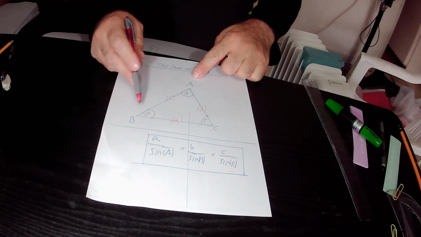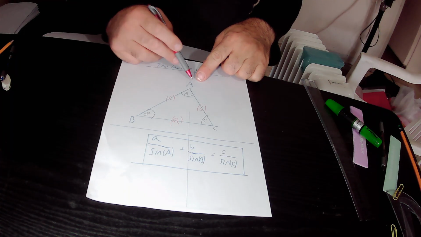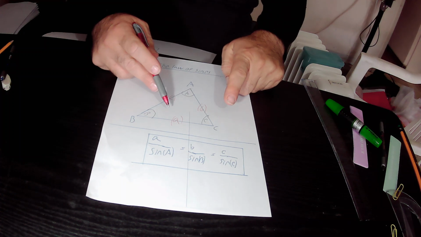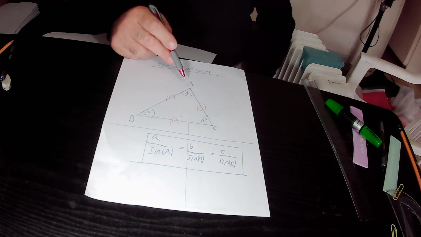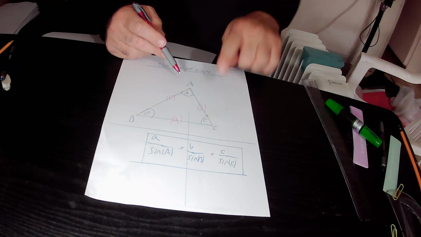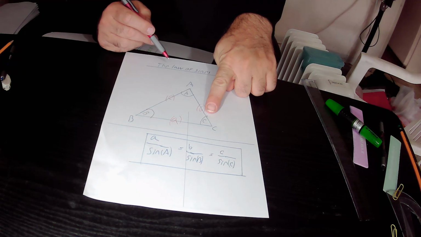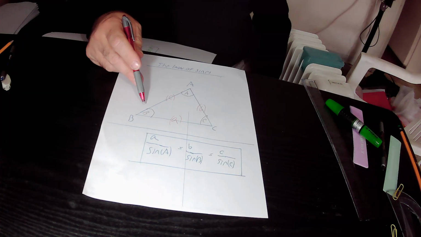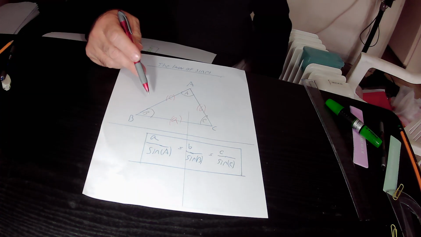The length of side AB equals c units, side AC equals b units, side BC equals a units. This angle BAC equals capital A degrees. Likewise, angle ACB equals capital C degrees. And finally, angle ABC equals capital B degrees.